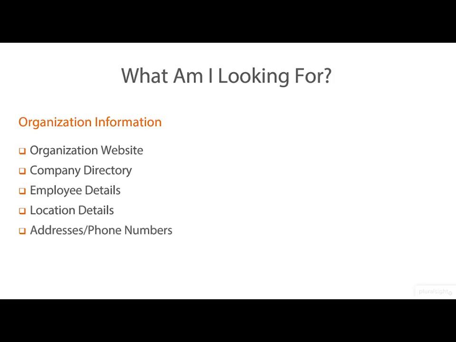So I want to get the location details, which again would include their addresses, different addresses for different branch offices, as well as phone numbers. Why do phone numbers come in handy for me? Well, if I decide to social engineer them and call them up, like I'm looking for a job, or if they have a job posting listed for an admin, I want to call up and ask them information, or I'm thinking about applying with you. Matter of fact, we'll talk about job sites. It's a treasure trove full of information for us.